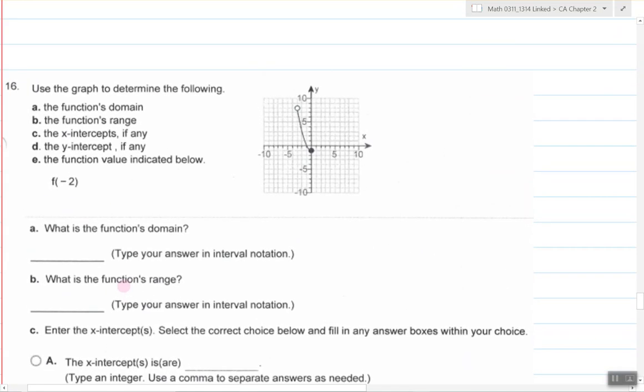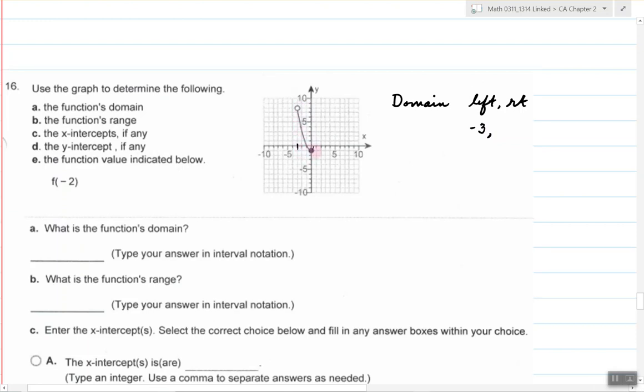The domain. Remember, the domain actually is left to right. The leftmost x value appears to be -3.